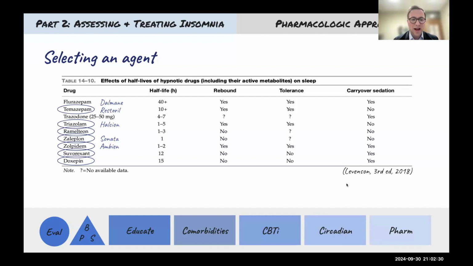And we can look at their half-lives and notice that often their half-lives are very tightly correlated to the recommendation. So if we're treating initial insomnia or maintenance insomnia, we want to understand how we should consider the medication's half-life.